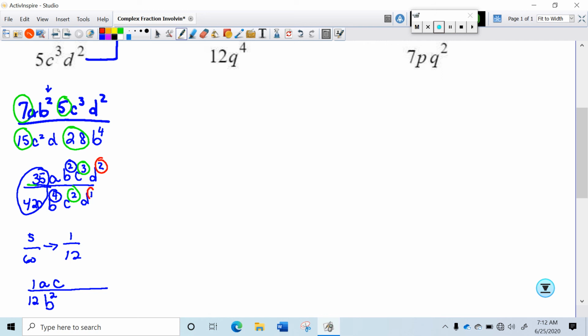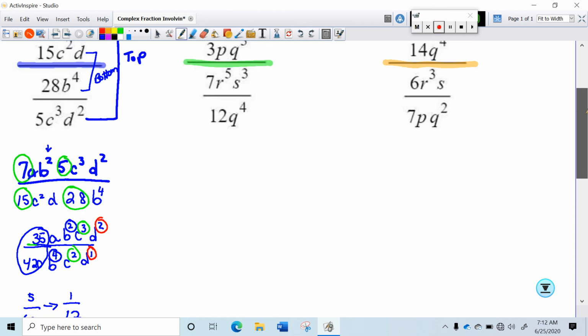So my largest exponent is on the top, which means my D is going to be on the top. 2 take away 1 is 1. So this is the final answer. And you could technically write that without the 1 in front. You could put ACD over 12b squared.